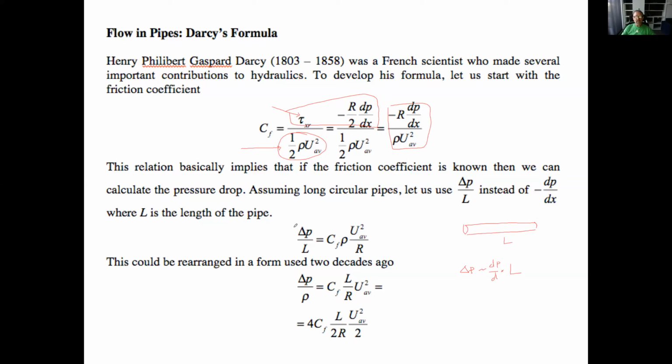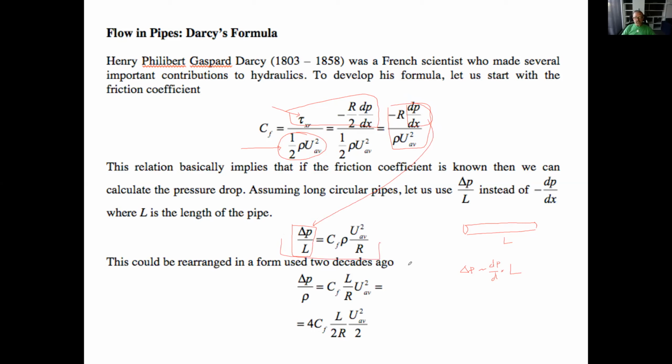Let's just call it delta P over L. Then I took this quantity and put it here. So what's left is CF times rho U average squared, divided by R. Okay, so it's exactly the same thing. All right, so that's it.